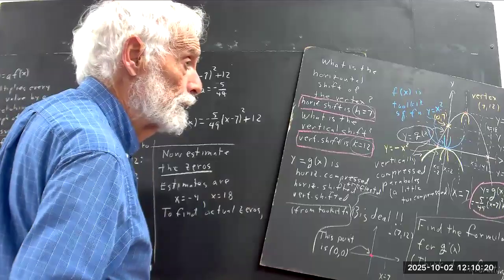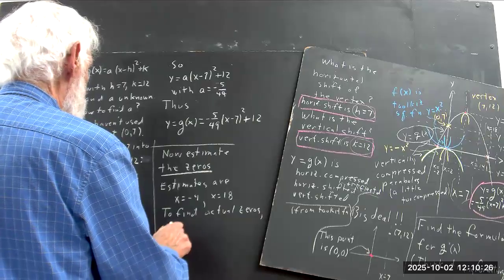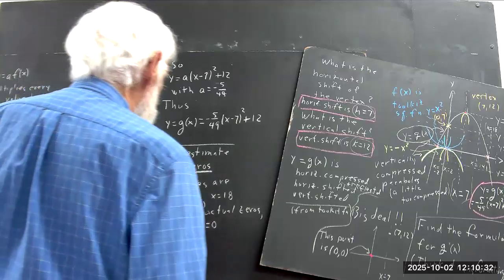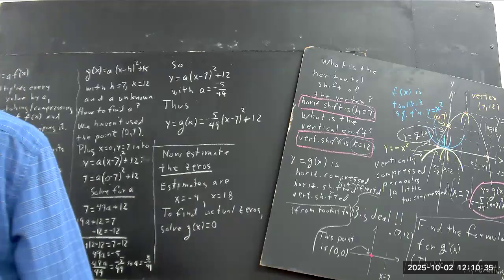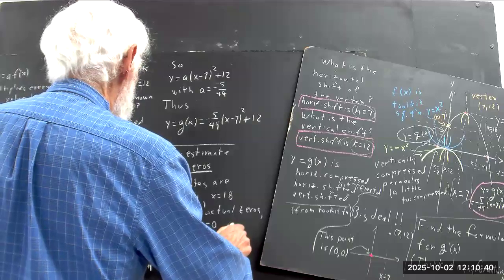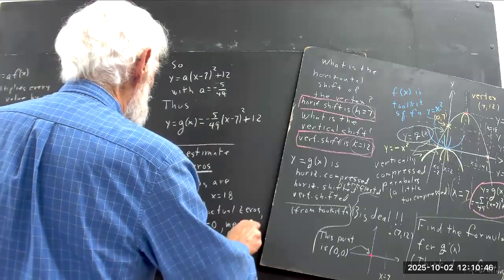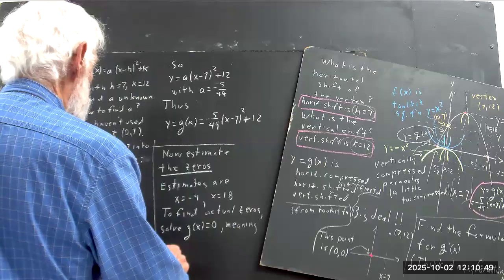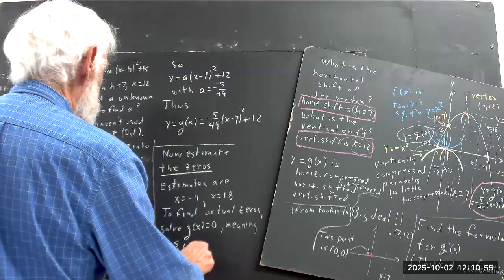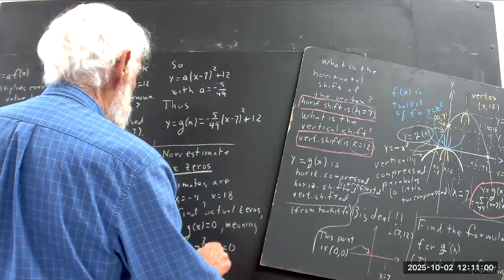Find the actual zeros. We solve the equation g of x equals 0, meaning -5 over 49 times x minus 7 squared plus 12 equals 0.